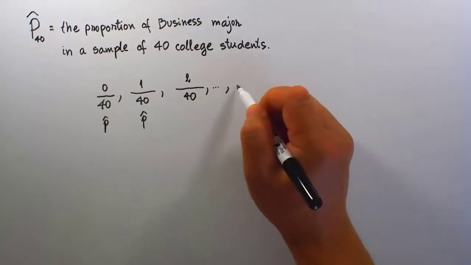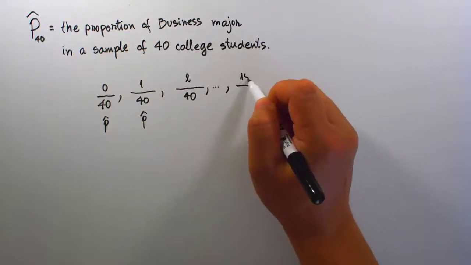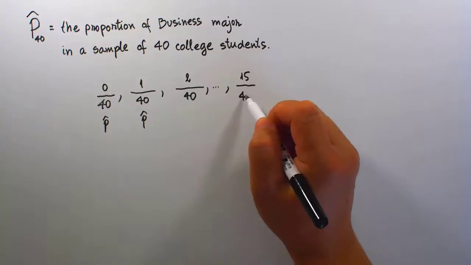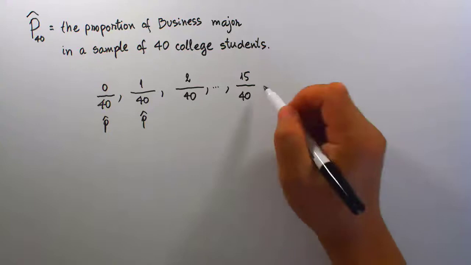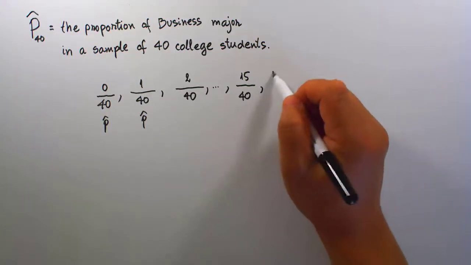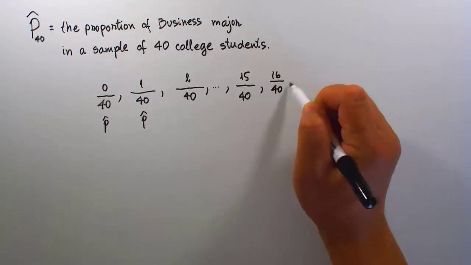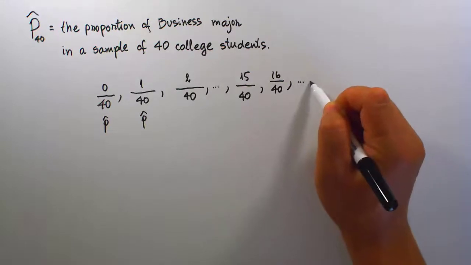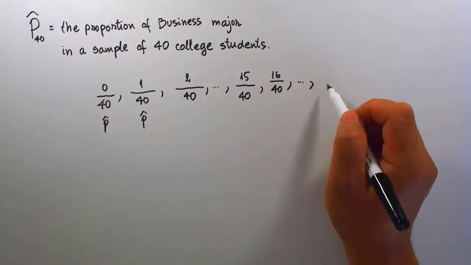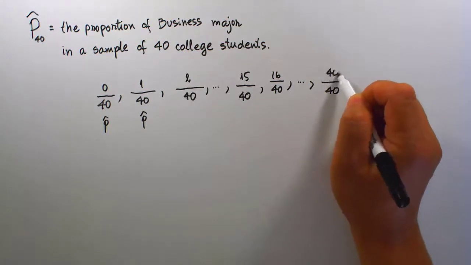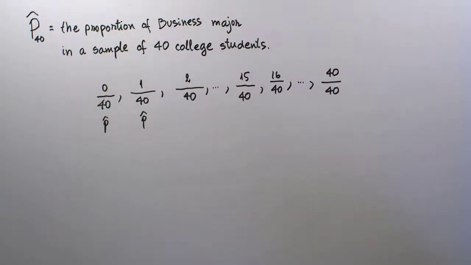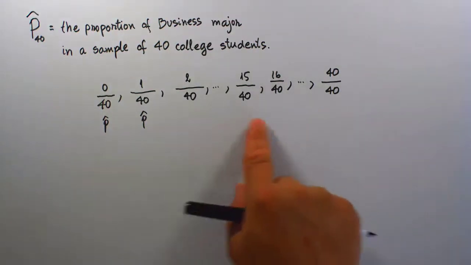And in some sample, we might find 15 students being in business major out of 40 of them. And then 16 out of 40. And then we could be so lucky that sometimes in some sample of 40 students, we found all 40 students being business major.